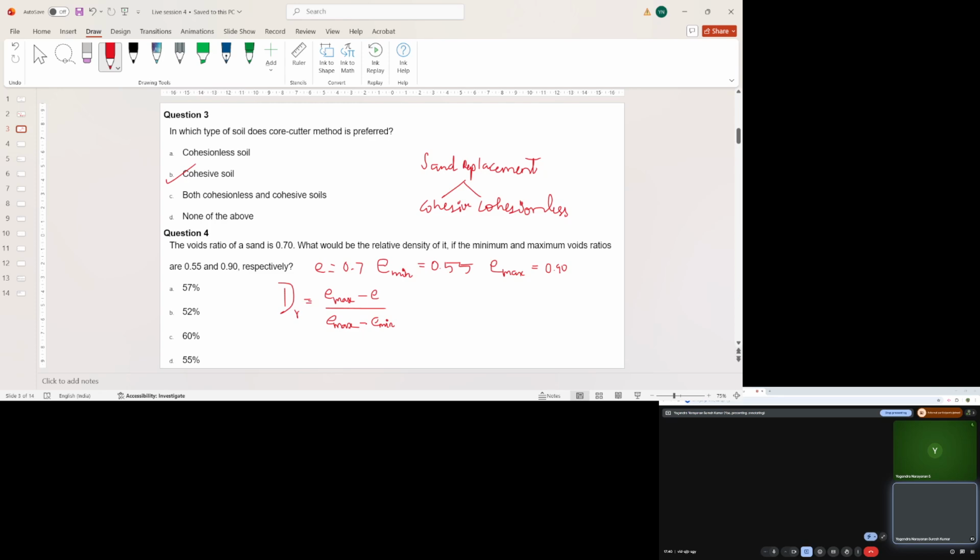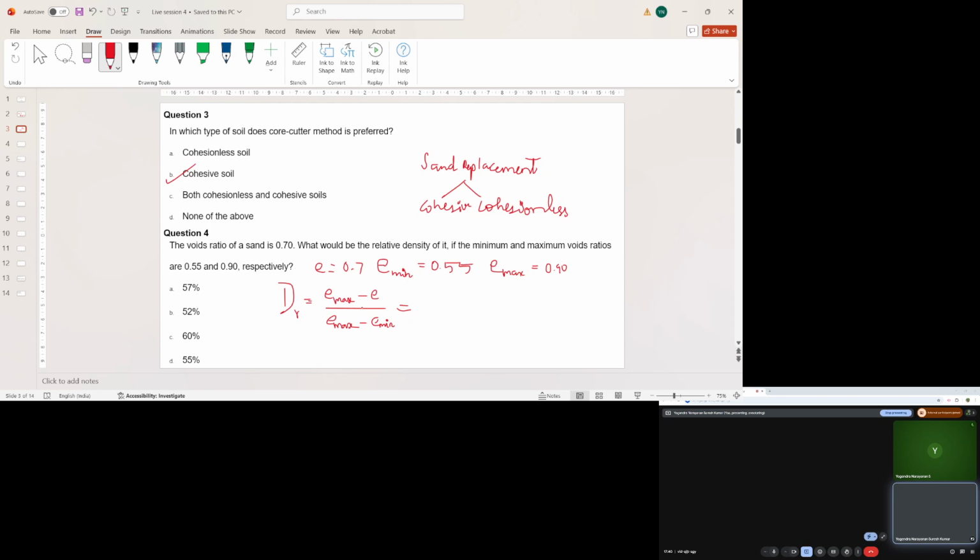And this parameter of relative density is exclusively for coarse grained soil or cohesionless soil or granular soils. All right, where the grains are individualistic and not plastic in nature.